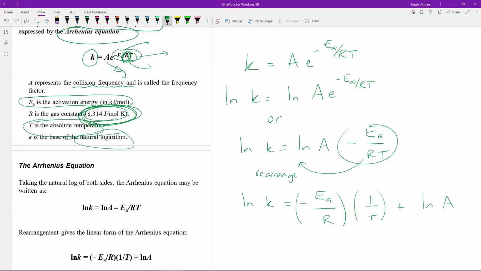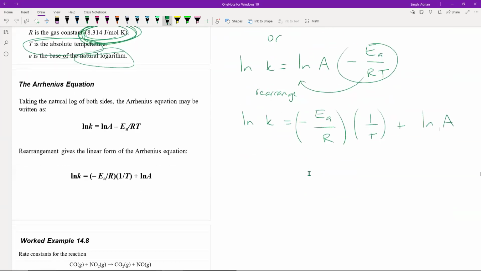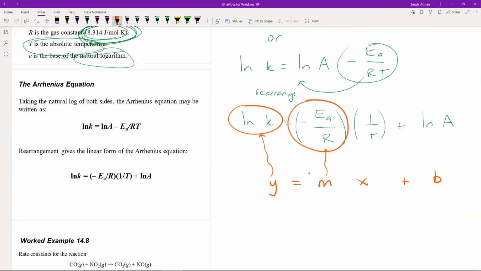All right, so why did I do that? Well, when I rearrange that equation, guess what? I make it into a form that looks very similar to the equation of a straight line. I have my y value being the natural log of k. I have my slope, m, being negative Ea over R. My x value is going to be 1 over the absolute temperature. My y-intercept is the natural log of A, that frequency factor.